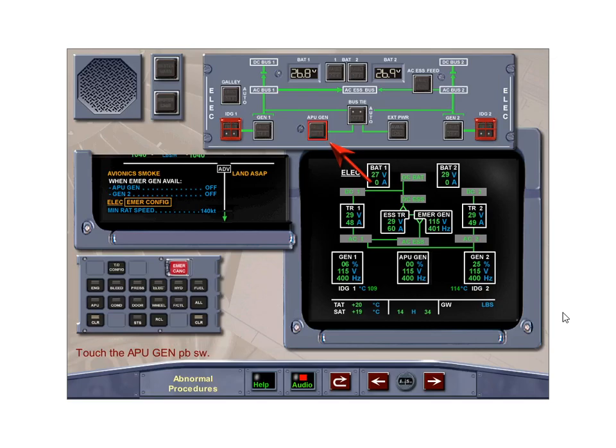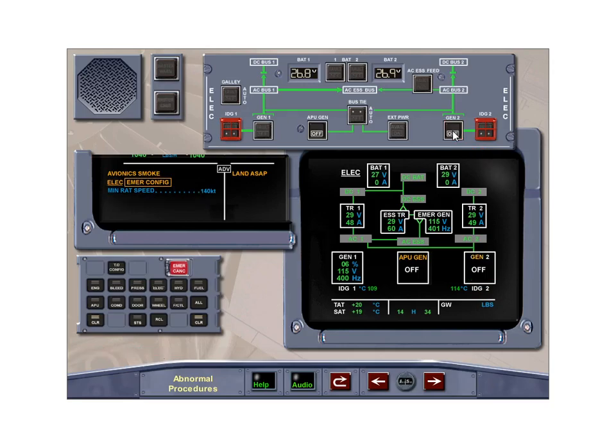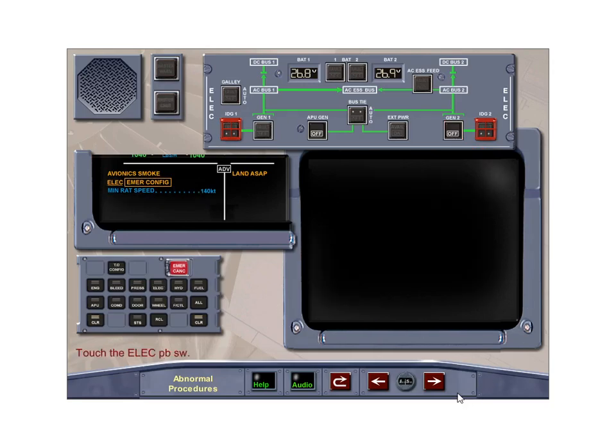Touch the APU generator and engine generator 2 push-button switches to turn them off. In-op systems are listed in FCOM 3.02.24, Abnormal and Emergency Procedures.